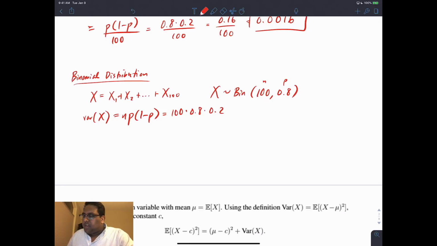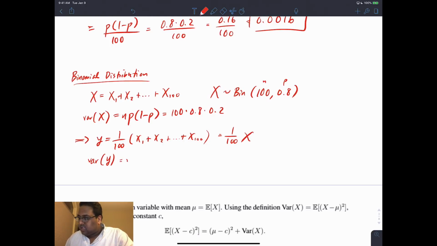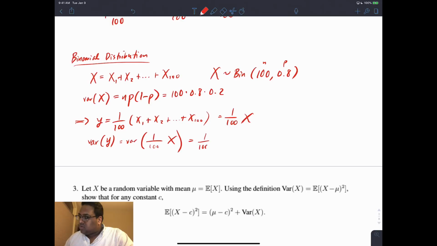Well, sure, that's good. We have the variance of X, but our question really deals with Y, right? But X and Y are related due to the fact that Y is just 1 over 100 times this sum, which is just 1 over 100 times X. So the variance of Y is the variance of 1 over 100 times X, which, by the fact that we have to square the constant when you pull it out of the variance, gives us 1 over 100 squared times the variance of X, which is 100 times 0.8 times 0.2 over 100 squared.